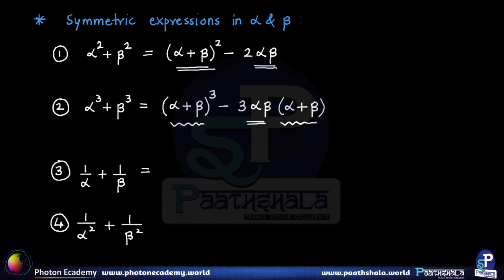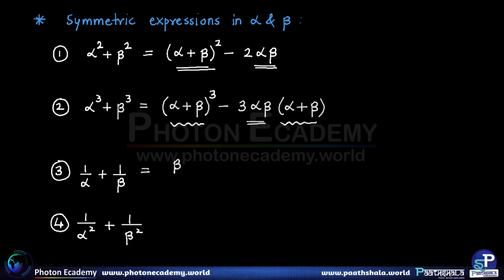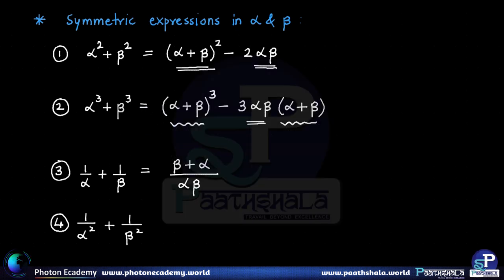Moving ahead, if we have 1 upon alpha plus 1 upon beta, on cross multiplication and simplifying we get beta plus alpha upon alpha beta, which is the sum of roots upon product of roots.